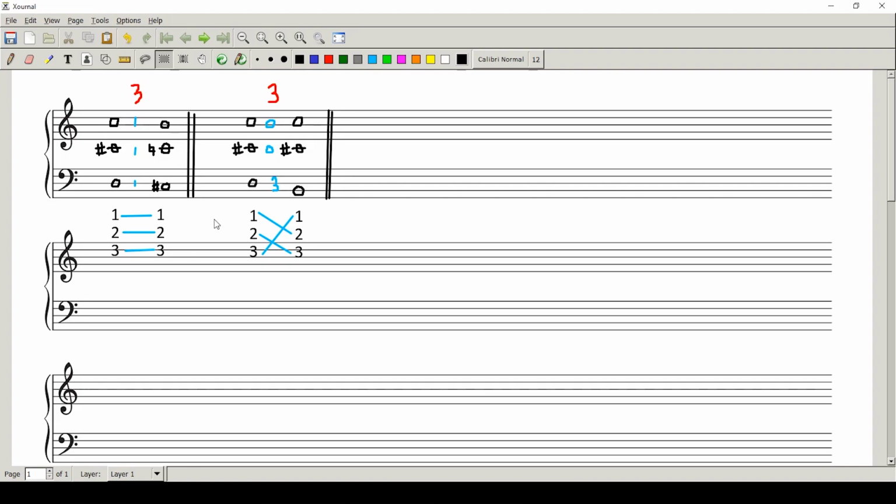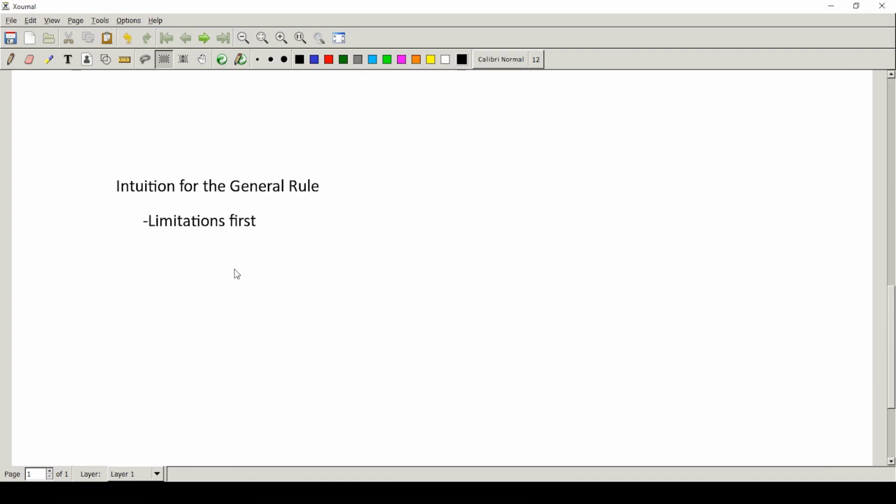So the intuition that the rule is building for us is the following. The rule says you can always remove voice crossings without lengthening the voice leading.